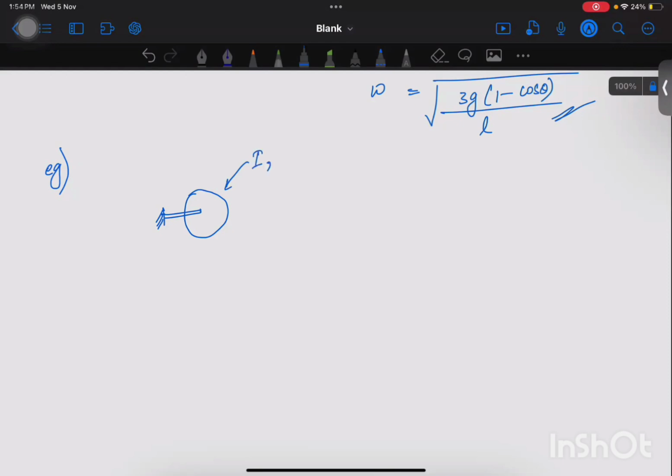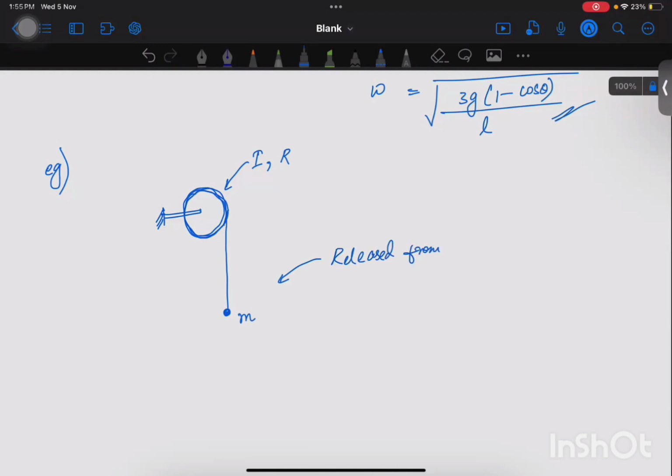Moment of inertia is I, radius is R. Fine. And there is a string which is wrapped around this pulley. And at the other end there is this point mass over here. The system is released from rest.